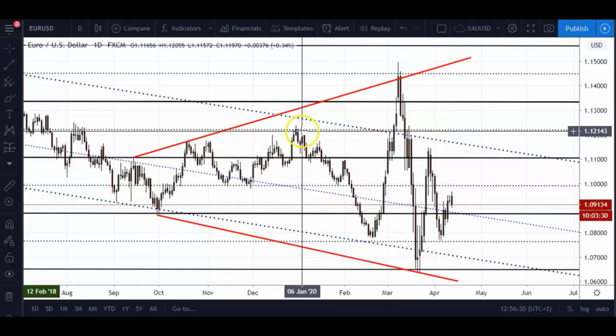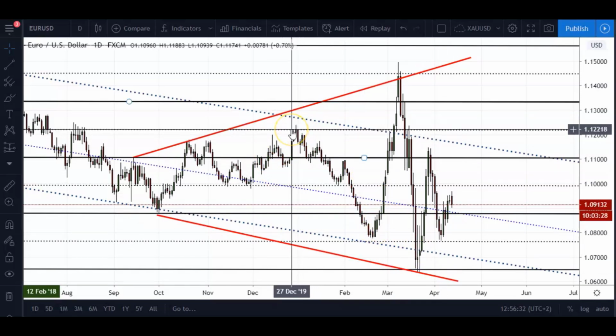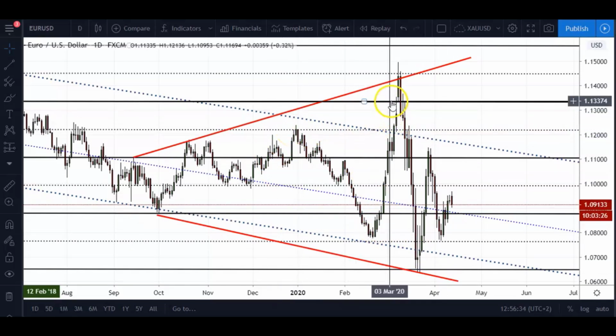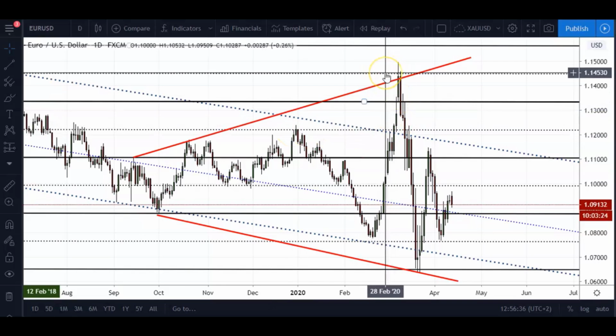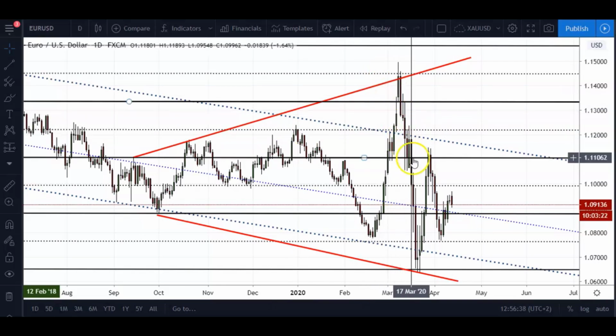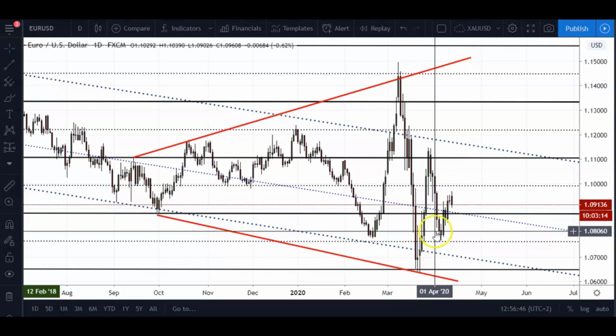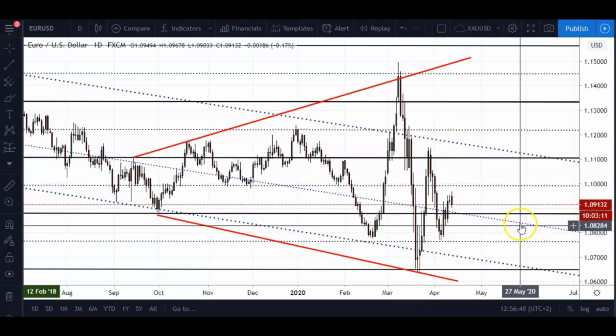In this case, it respected the center there. It overshot the upper, and it couldn't break through the central channel line again. As price came down again, it respected the low channel line over here, came slightly upwards again, but found support at the lower channel line again, and has since been breaking up and down here.